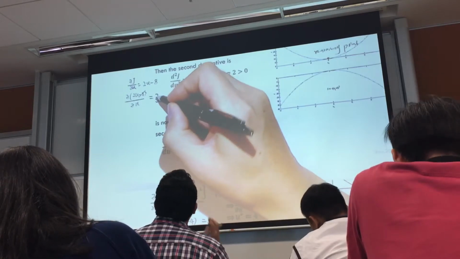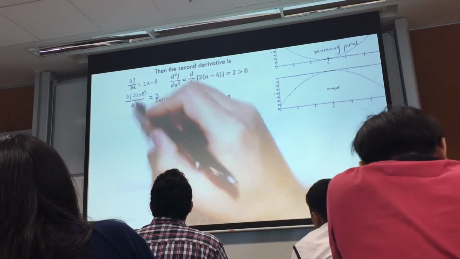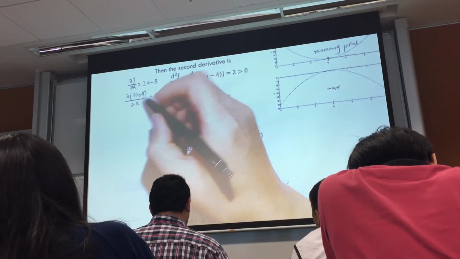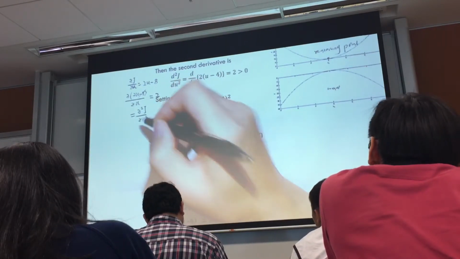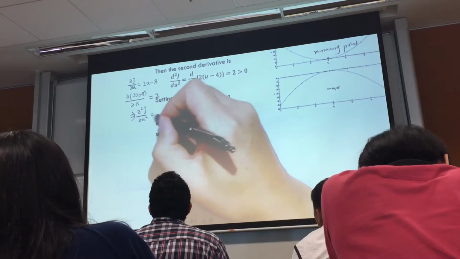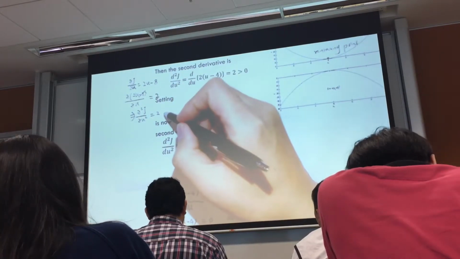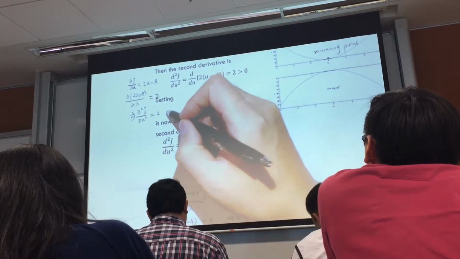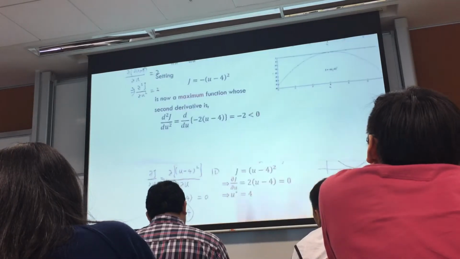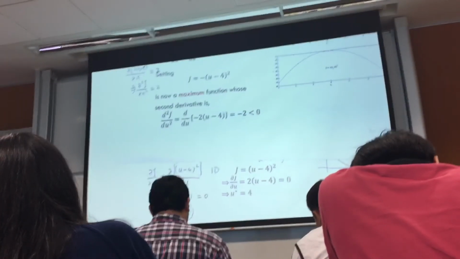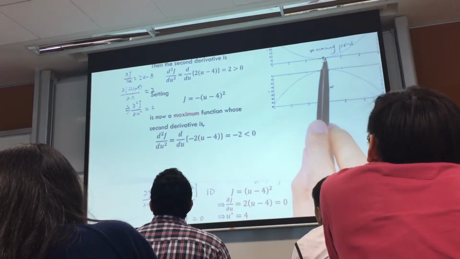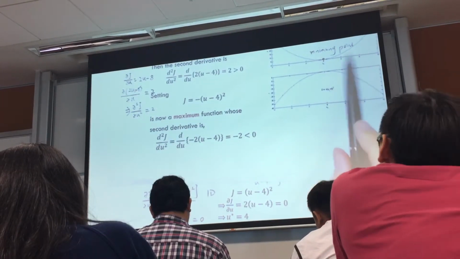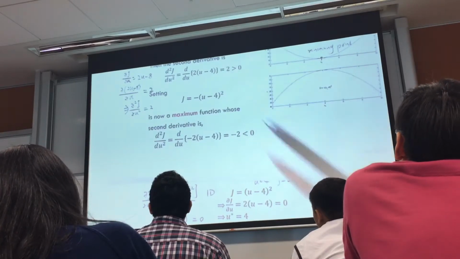That means for any u, we have this second derivative, d squared J over du squared, equal to 2, for any control input, including our u equal to 4. So we can verify that this point is really a minimizing point because it satisfies both conditions.